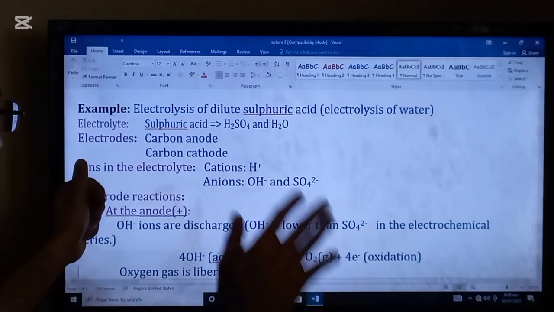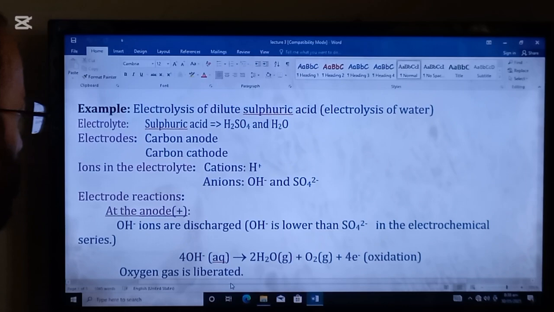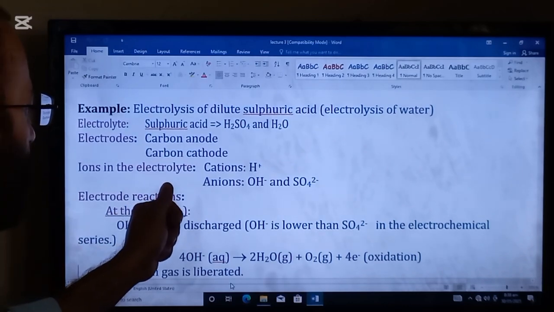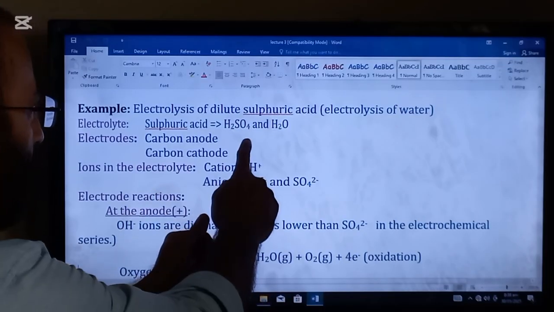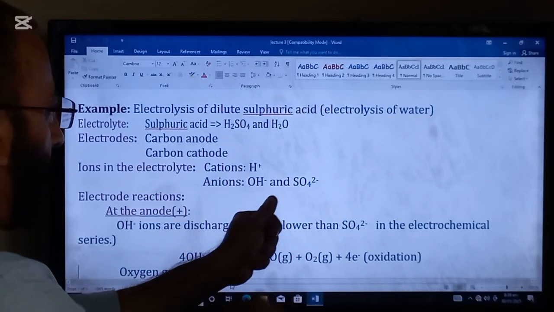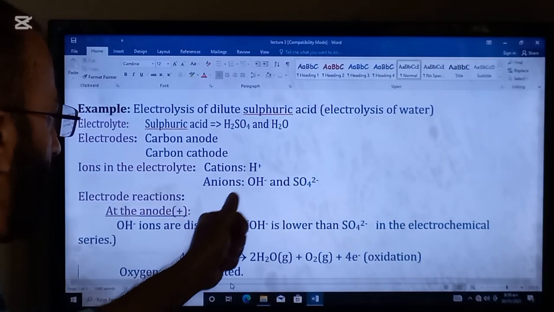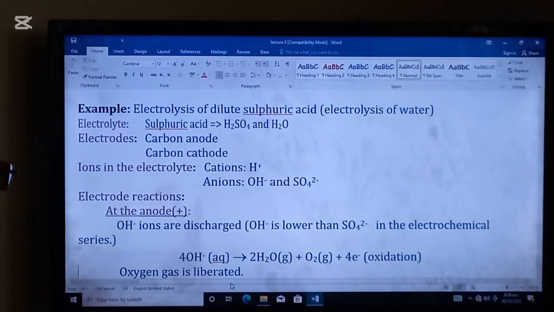Electrodes used in the process are carbon anode and carbon cathode. Ions present in the electrolyte are H+, OH-, and SO4 2-. So the cation is H+ and the anions are OH- and SO4 2-.